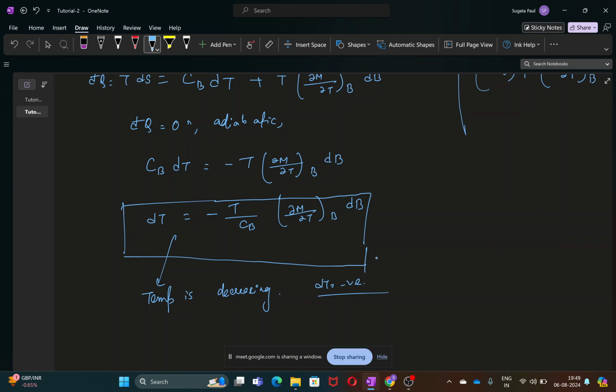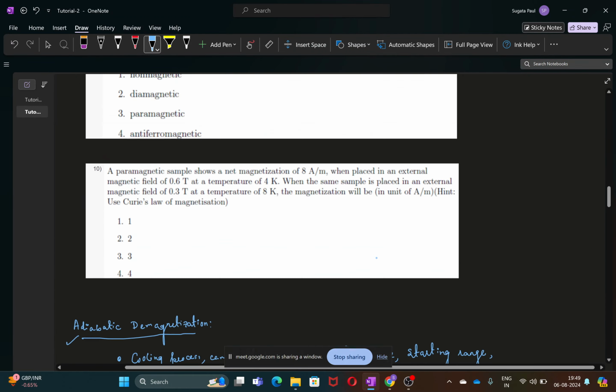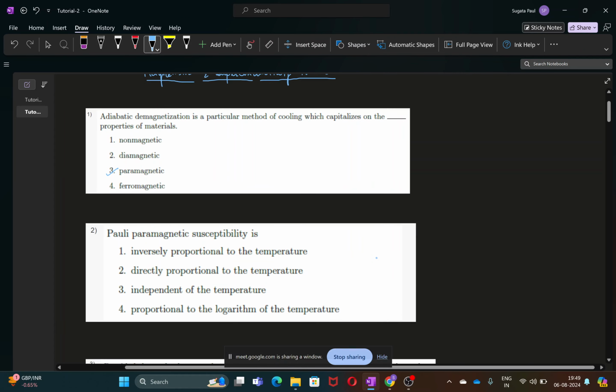So these are the standard things where you can see that it is actually getting cooled down by the adiabatic demagnetization process. Okay, so this first part is done. This has become a bit elaborate, but I think the discussion is helpful for us to understand the system better.